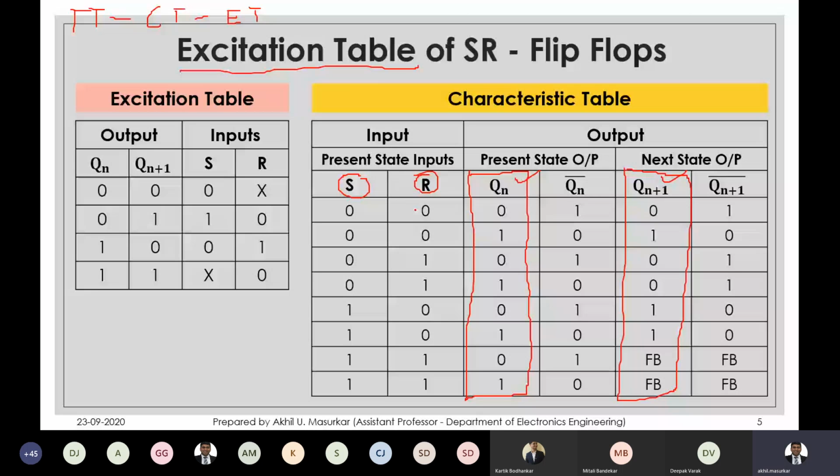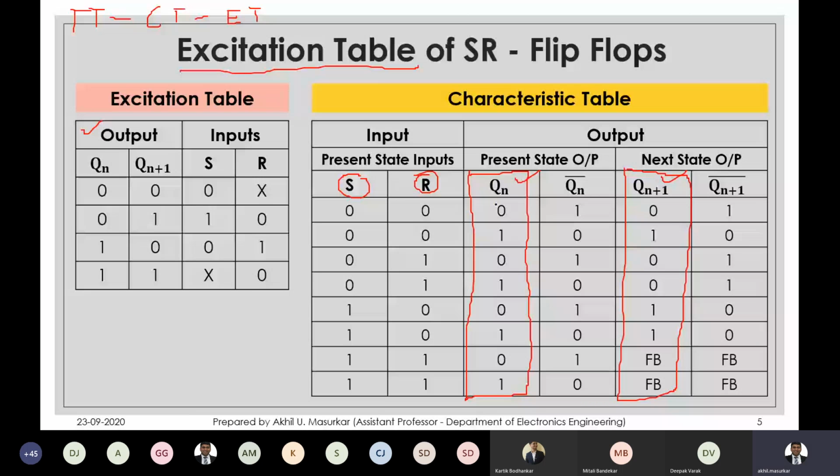Now, how did we do this? Here, these are my outputs and I am trying to write the inputs in terms of outputs. You can see here Qn and Qn plus 1 are 0, 0 at two places.